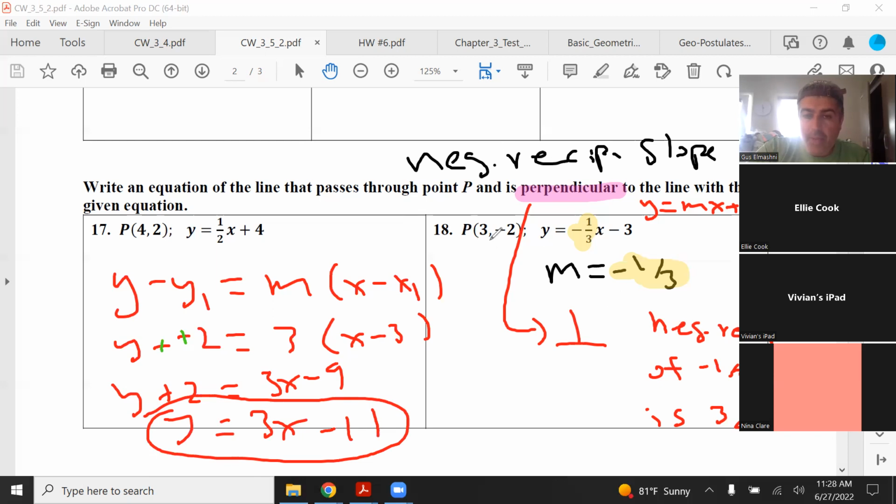It contains the point (3, -2) and is perpendicular to the given line. So again, you have to extract the slope from the given line, but because it's perpendicular, you have to do the negative reciprocal, not the same slope. That was for parallel. Then you're given a point, so you can plug in for x1 and y1 in the point-slope formula, work it out, and isolate y. That's how I prefer you go about doing this. Questions about 18 before you try 17?